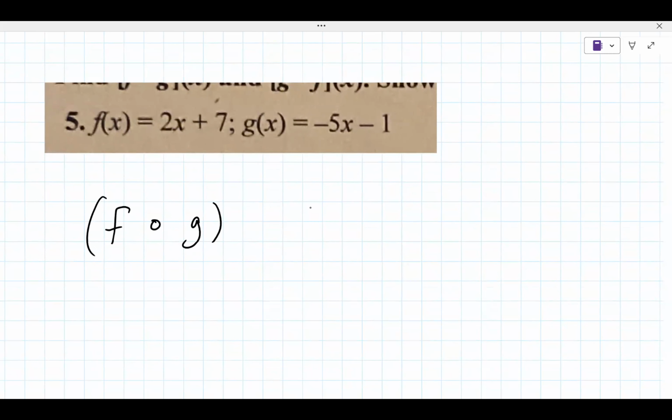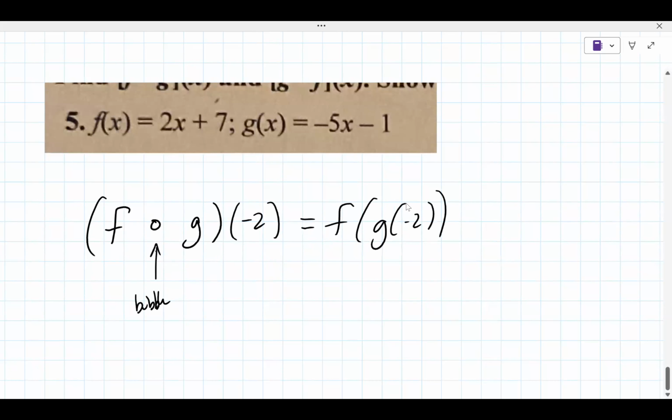So this really means f of g of -2. What you have to somehow remember is that the second letter is done first. That's the inside function. So just like before, you're first going to do g of -2, take its output, whatever that is, and that becomes the input to the f.